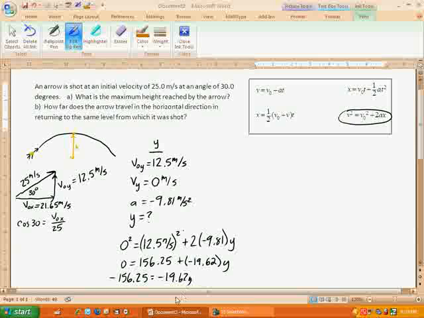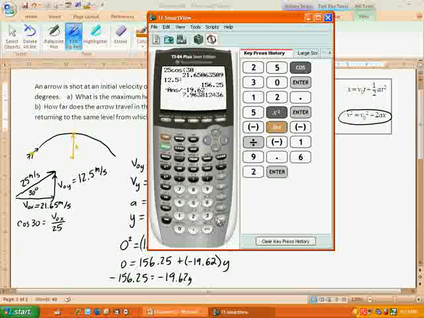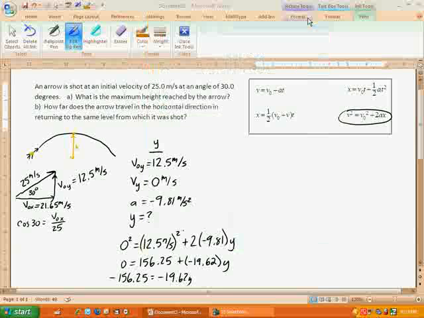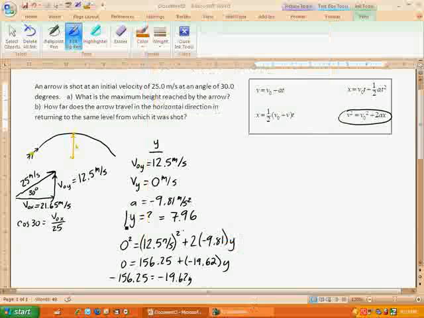Then I'll divide both sides by negative 19.62: negative 156.25 divided by negative 19.62 gives 7.96. So y is 7.96 meters, and that is my maximum height.